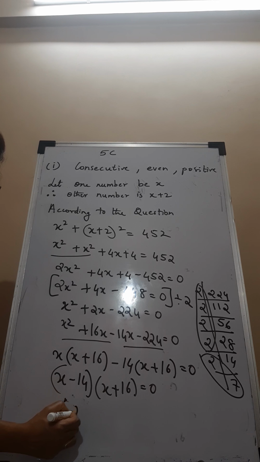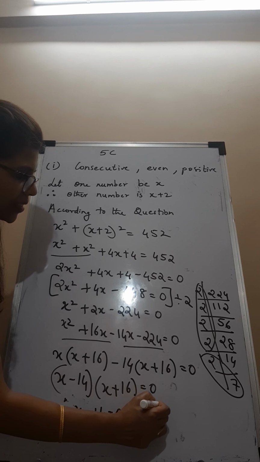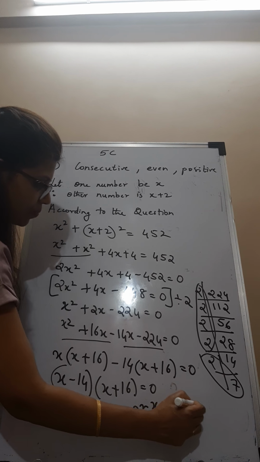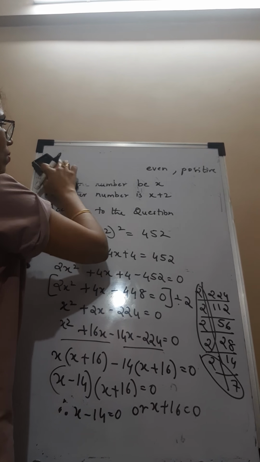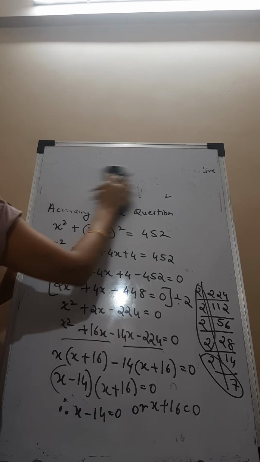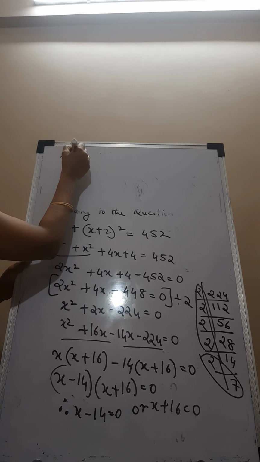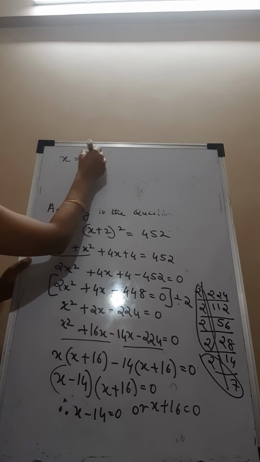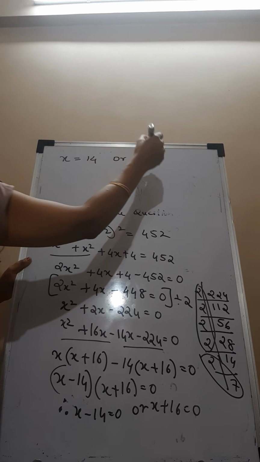Therefore x minus 14 is equal to 0 or x plus 16 is equal to 0. Now copy till here. I'll erase the first part whatever I have written. So according to this I get x is equal to 14 or x is equal to minus 16.